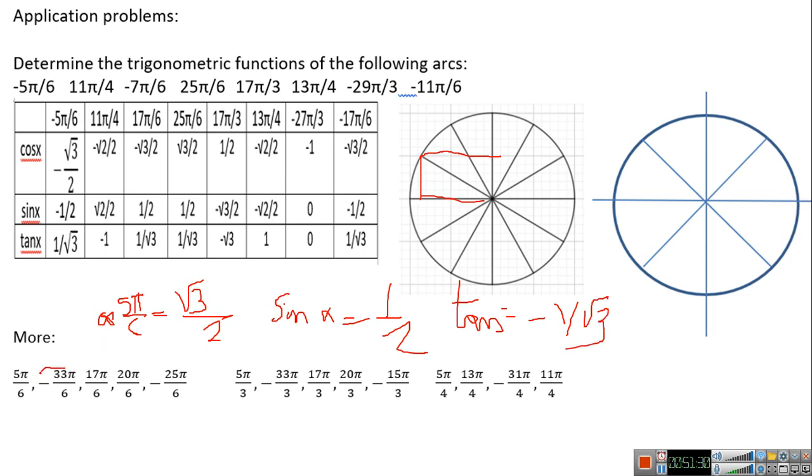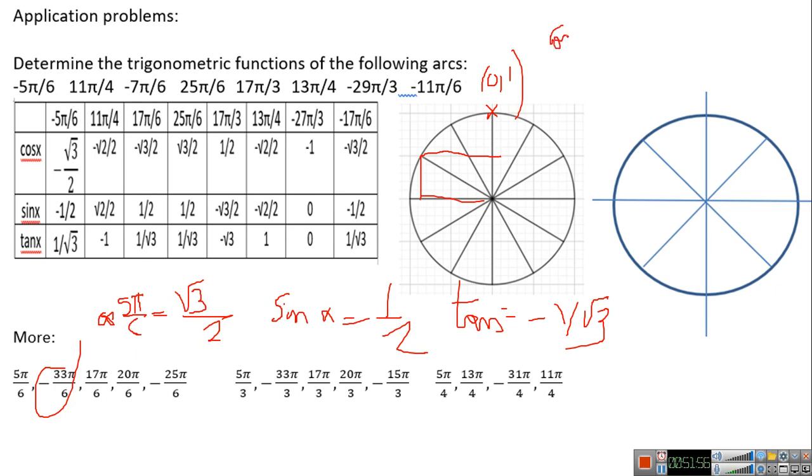If you want to do minus 33, so the circle is minus 12, another 12, 24, till 33 remains 9. 3, 6, 9. So this point here doesn't do anything with the radical 3 over 2 and half. The components of this point are 0, 1. So the cosine of minus 33 pi over 6 is 0.